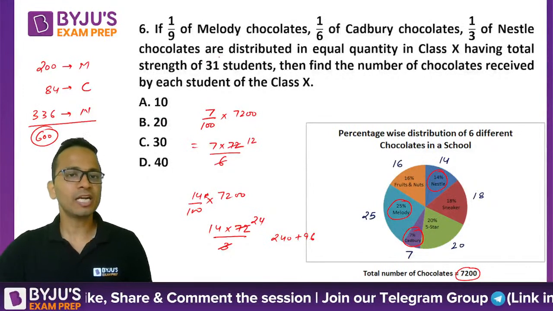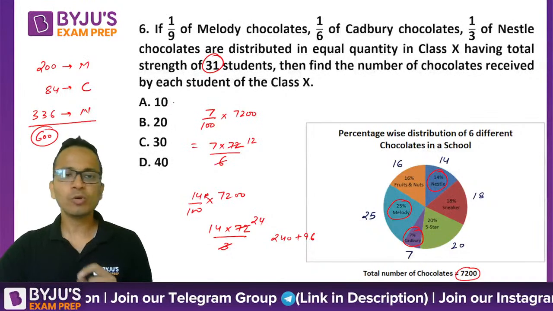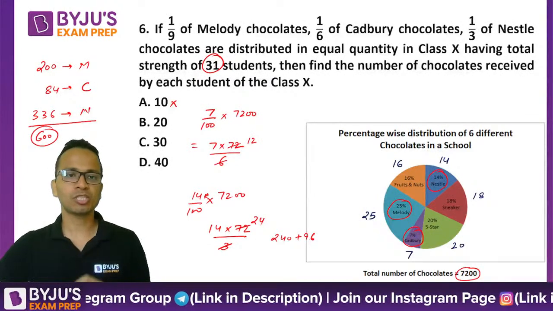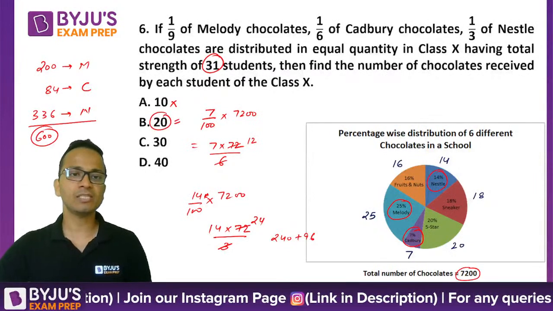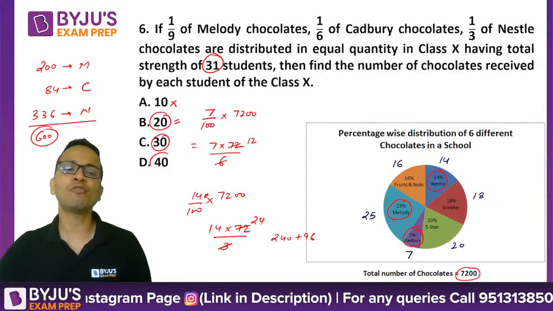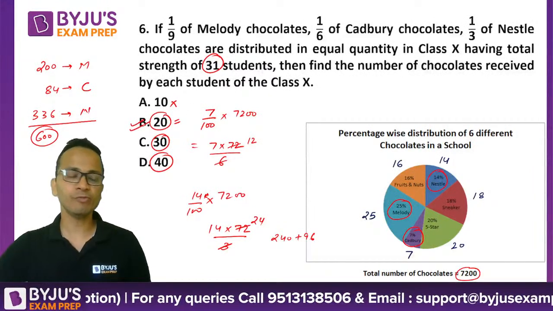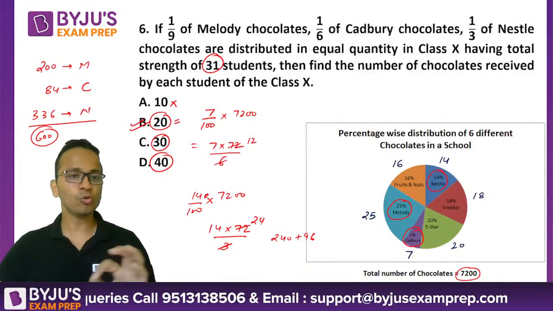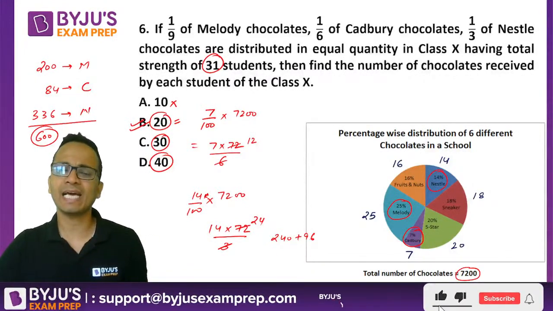Now we have to distribute chocolates to 31 students. Each can't get 10 chocolates because 31 into 10 is 310. 20 is the probable answer, 30 will exceed the value, 40 will exceed the value. So 31 into 20 will give you the relevant answer. You can mark this as the answer, or it's totally up to you, you can go for the exact calculations.